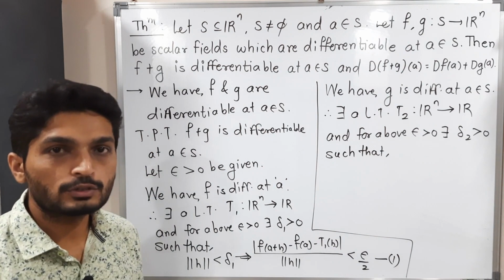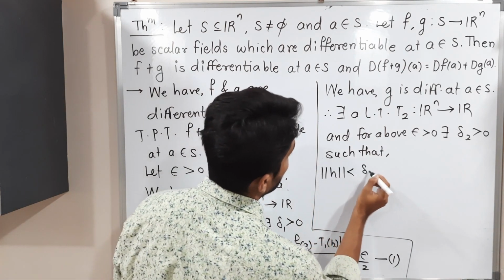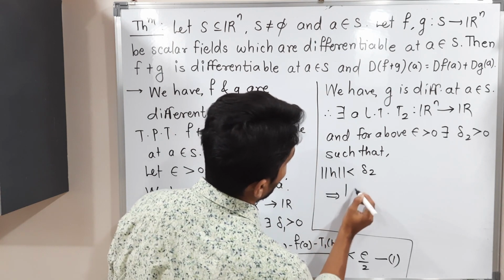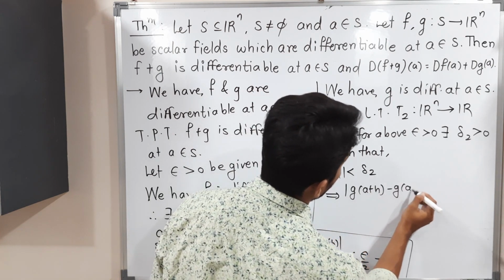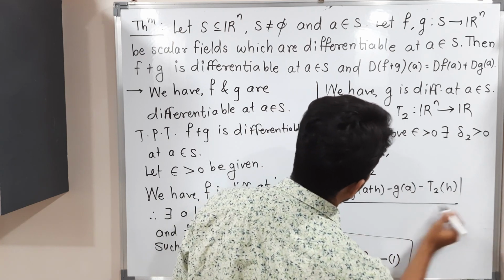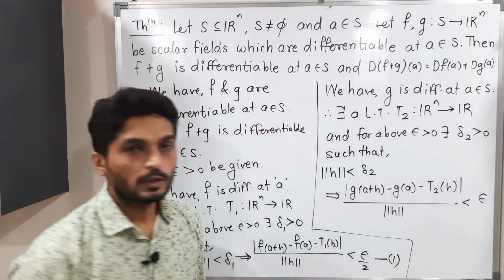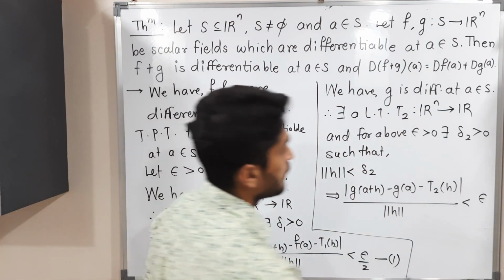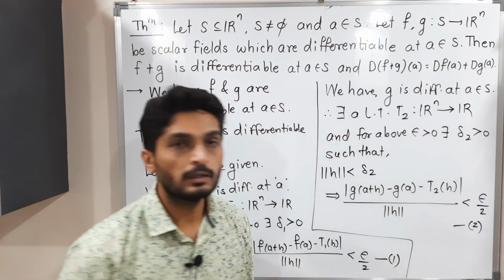You can also tell me using the definition what I can write. Norm h less than delta 2 implies mod g of a plus h minus g of a minus T2 of h divided by norm h less than epsilon. Again for adjustment, instead of epsilon I am going to take epsilon by 2. This is expression number 2.